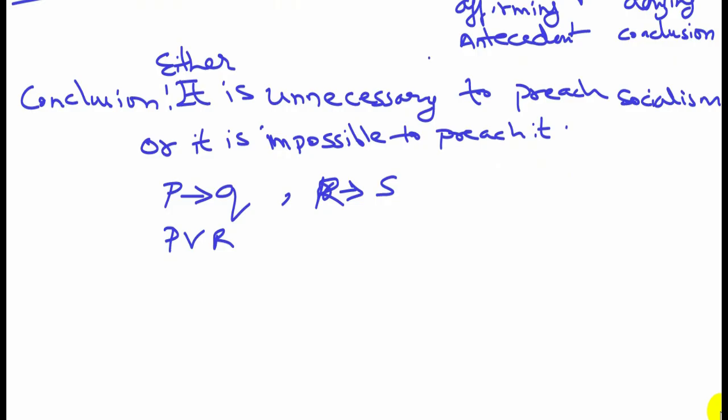So the first part was: if P then Q, if R then S. This is the major premise, this is the minor premise with the disjunctive statement, and this is using a conjunctive statement. If P then Q and if R then S, P or R, therefore the conclusion would be Q or S.